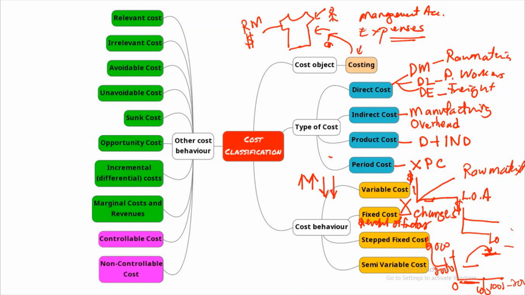Alright, so for the example given there, semi-variable has a mixture of fixed and variable. So even the graph itself won't start at 0. It will start in the middle where it has a combination of fixed cost and variable cost. An example here is telephone bills.